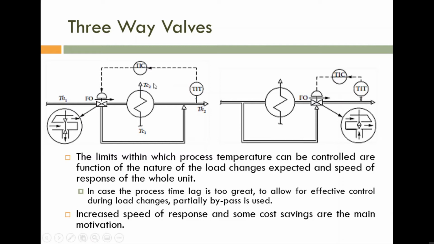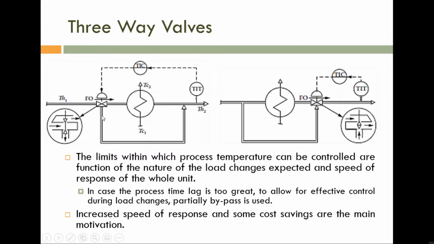Okay, so here we are considering a cooler. Please note down these two diagrams. These are the two different instrumentations that are used to control the process medium temperature using a three-way valve.